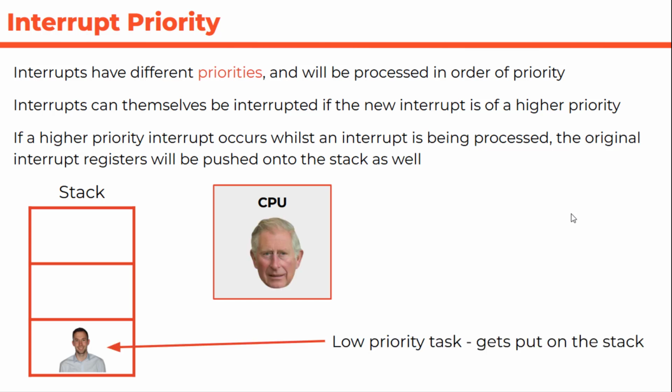You guessed it. It's the king. He's obviously got a higher priority because he is the monarch of the country and I am just a lonely computer science teacher. So as the king has a higher priority, he gets the processor and he gets to run the processor and use all the time. I get stuck on the stack until he's finished, basically.